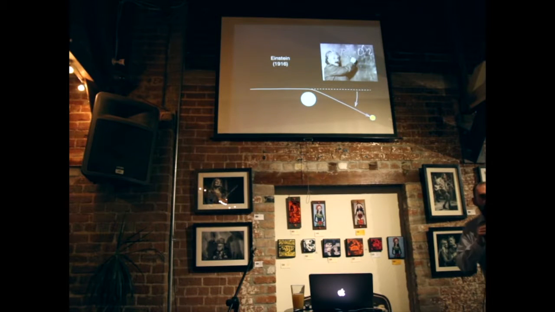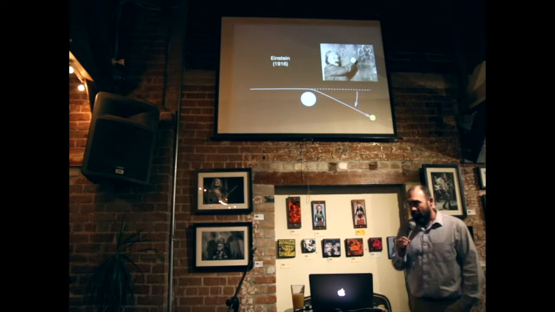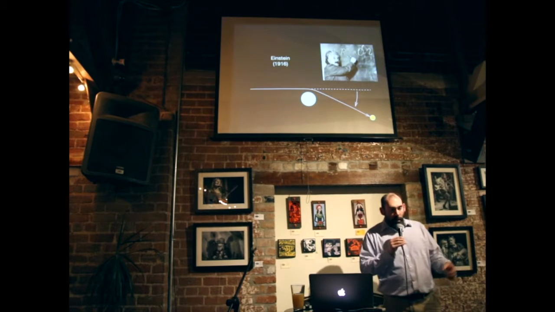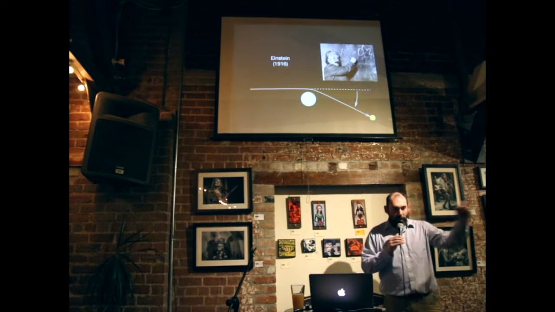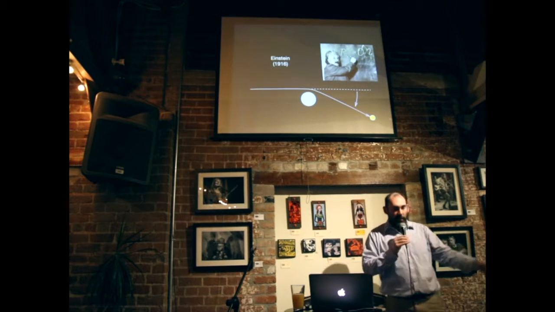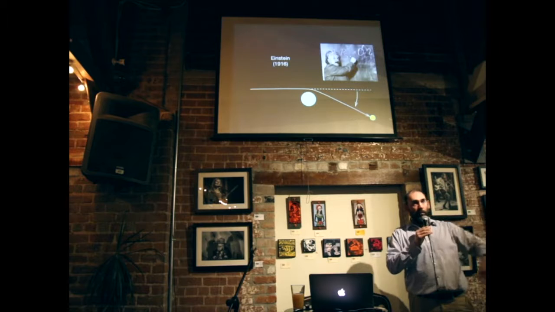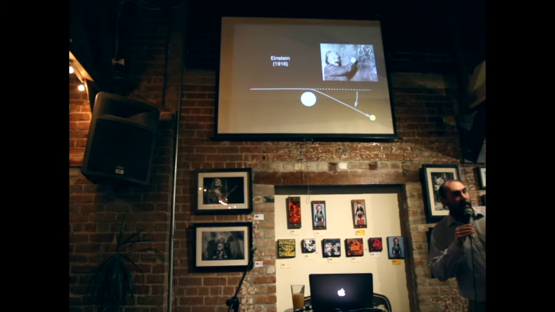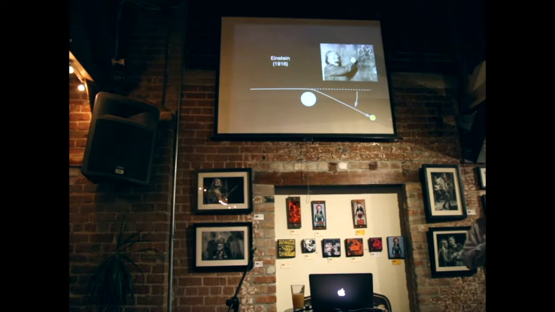One of the predictions of Einstein's theory of gravity was that, in the same way that the gravity of something like the sun bends the path of massive objects from straight lines into circles or ellipses or hyperbolas, it would also bend the paths that photons, particles of light, travel on as they pass by.